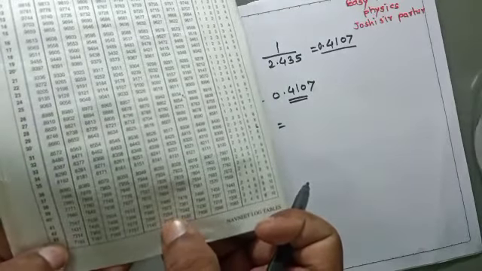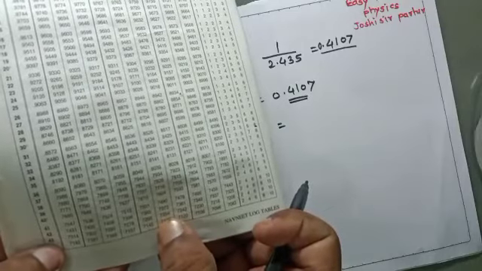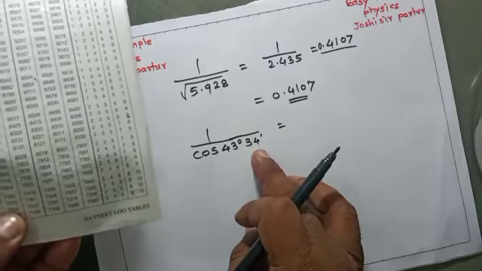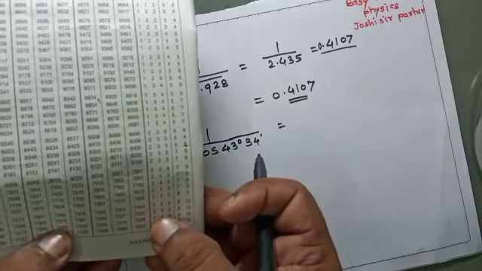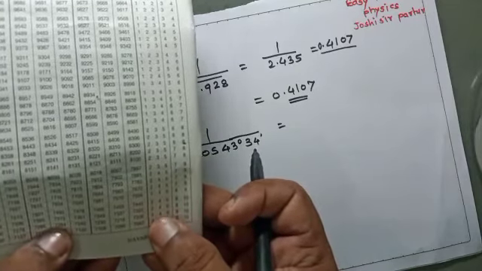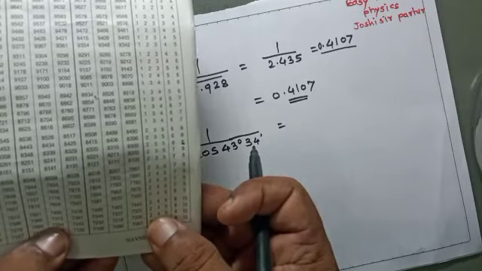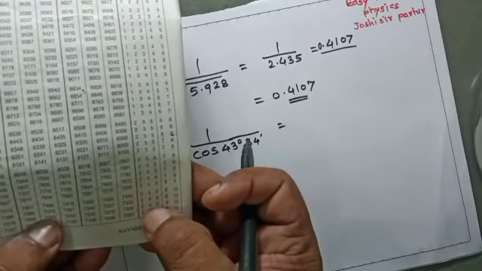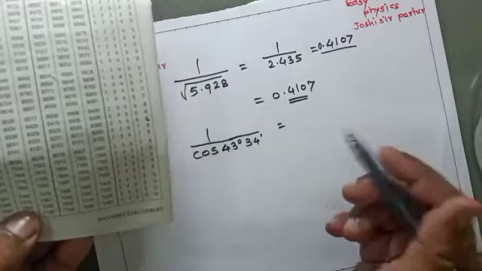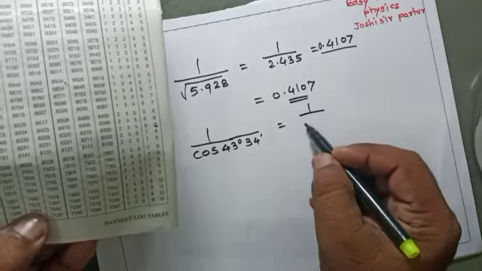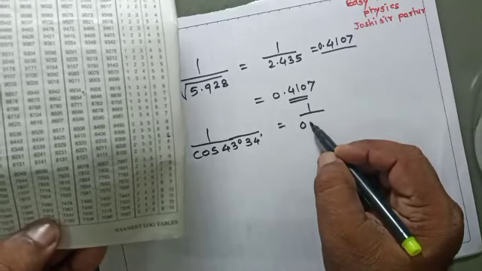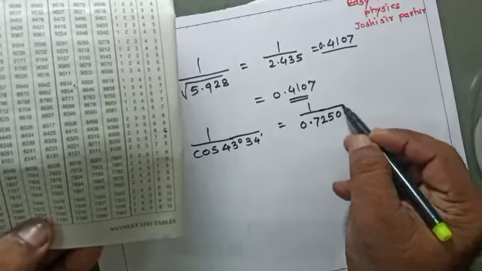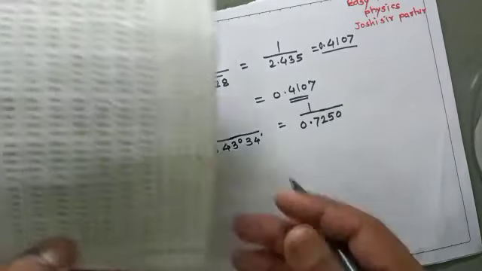First of all, for 30 minutes, that will be 0.7254 here, and 2 minutes will be there. 2 minutes has value 4. When subtracting 4, because in cosine we subtract, this mean difference value 4 is subtracted, then its value is 0.7250, because in 54, 4 is subtracted.